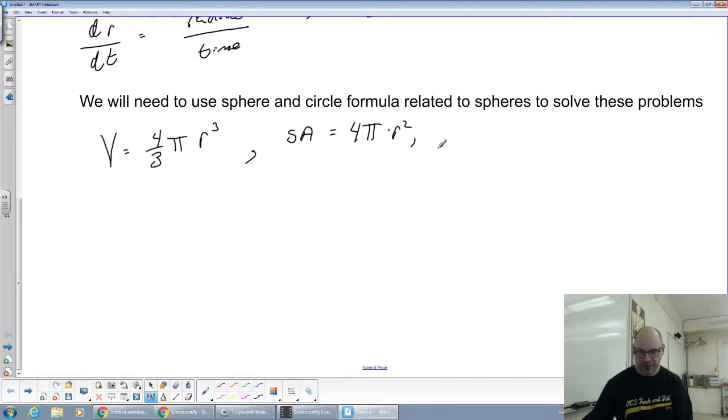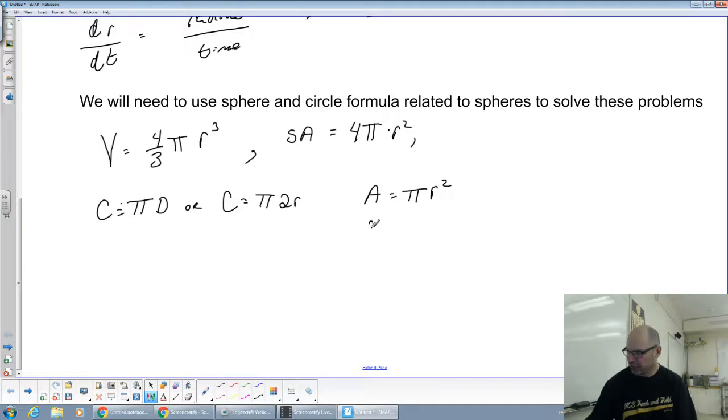Okay, and we also need to know the circumference of a circle. So these are circle ones, 2 pi r, or if we know that d is 2 r's, we could write it as circumference equals pi times 2 r's, which you'll notice represents the circumference around the circle. Okay. And then we also have the area of a circle equals pi r squared.